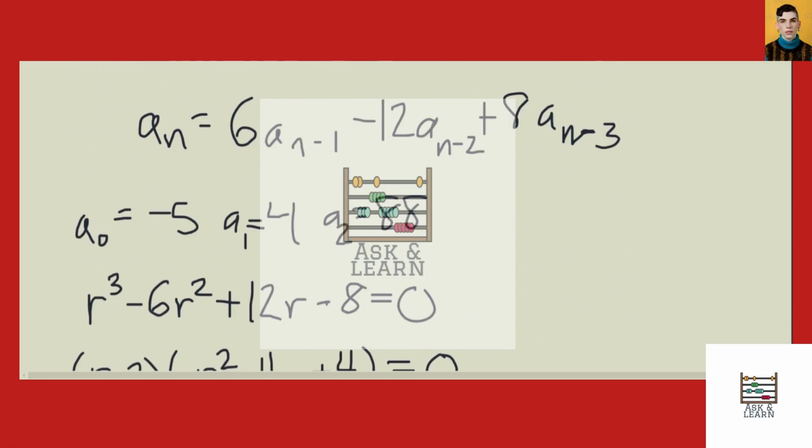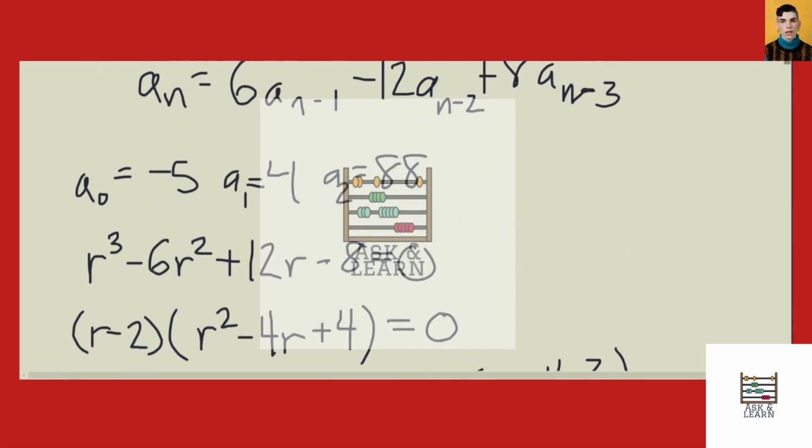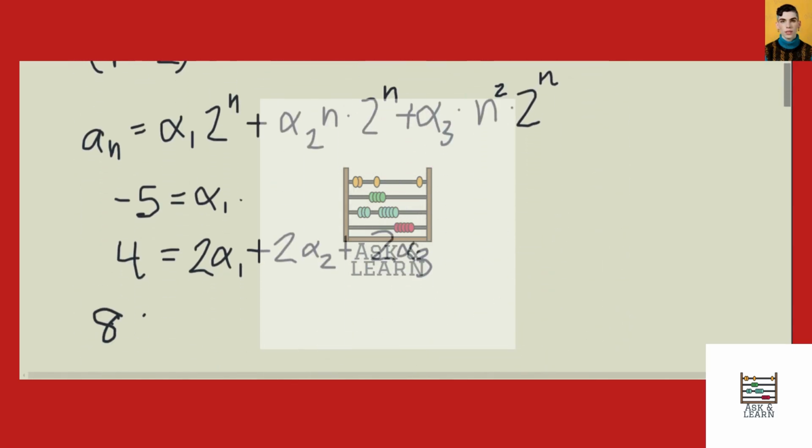And we have that a_2, which is 88, is equal to 4 alpha 1 plus 2 times 4 is 8 alpha 2 plus 2 squared is 4 times 4 is 16 alpha 3.